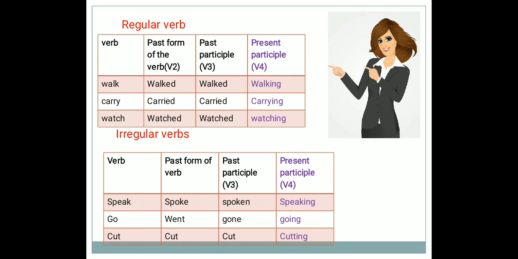Irregular verbs: speak, spoke, spoken, speaking; go, went, gone, going; catch, caught, caught, catching. Okay, the last column is the present participle form of the verb, which we use in present perfect continuous tense.